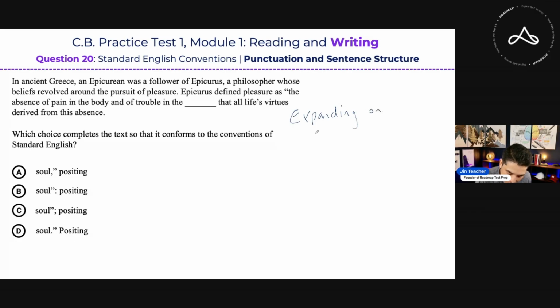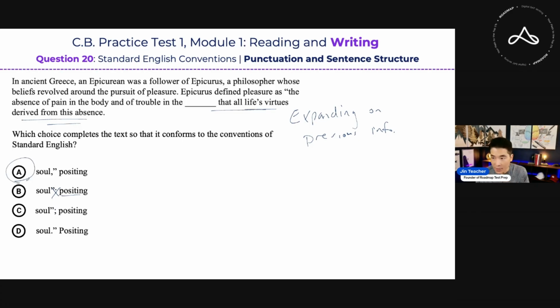It's expanding on the previous information, because he's building on the definition of pleasure by saying that all life's virtues derived from the absence of pain in the body. It's not clarifying anything that was mentioned previously. Can you guys notice the difference? This is why answer choice B here is going to be incorrect, and this is why A is going to be the only answer that works.